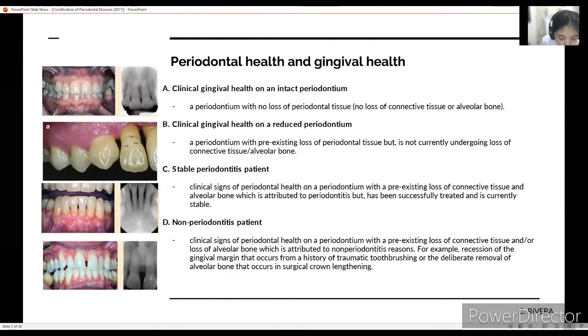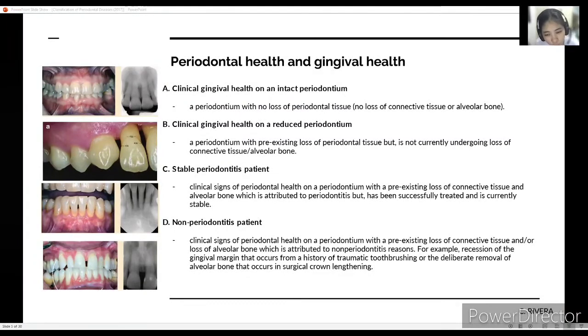This photo has a story: this is a 50-year-old male patient with a history of excessive, frequent daily toothbrushing. According to him, he brushed 5 to 6 times a day with a hard bristled toothbrush.